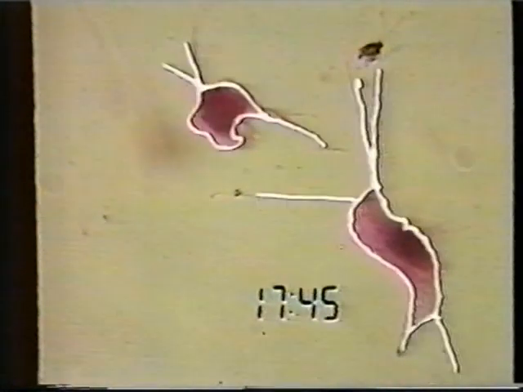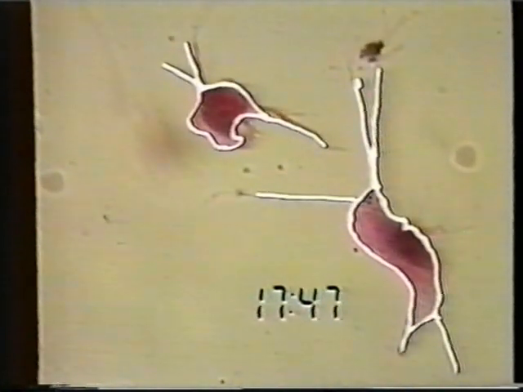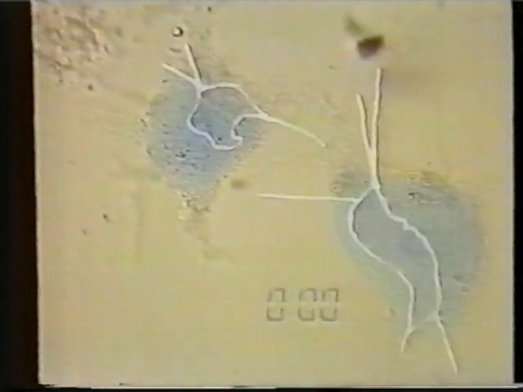We may now compare the final appearance with the original appearance of the same cells.